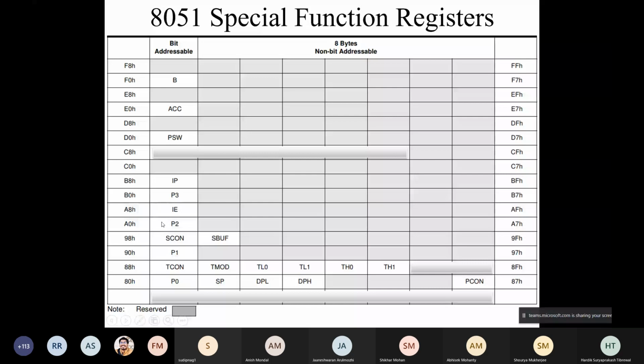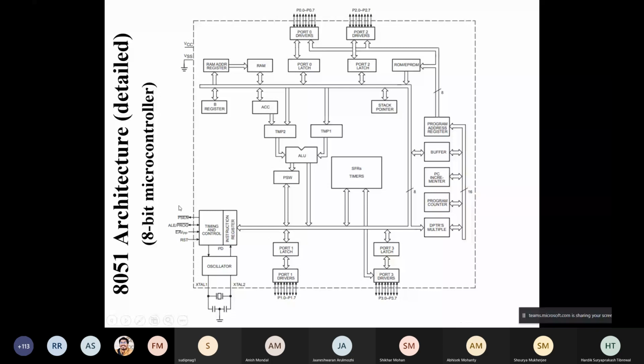So you can see the names that we have seen in the block diagram. The SFRs, A, B, PSW, all have unique addresses, like the interrupt priority register and the port registers P3, P2, P1, P0. What are these port registers? If you look at the diagram, there are the port 0 latch, port 2 latch, port 1 latch and port 3 latch.